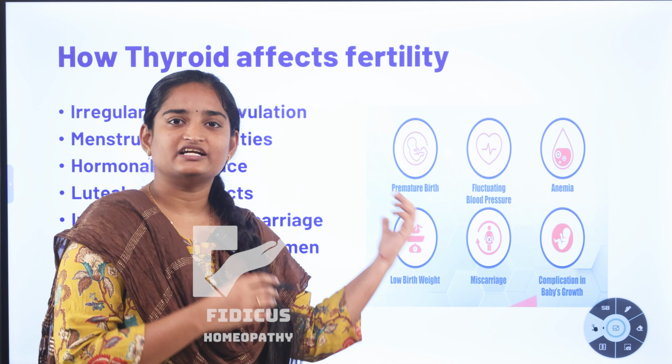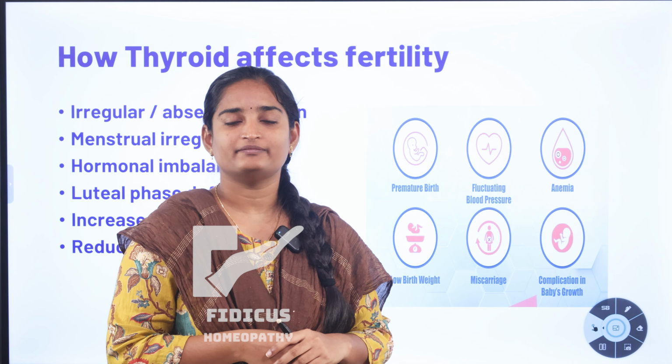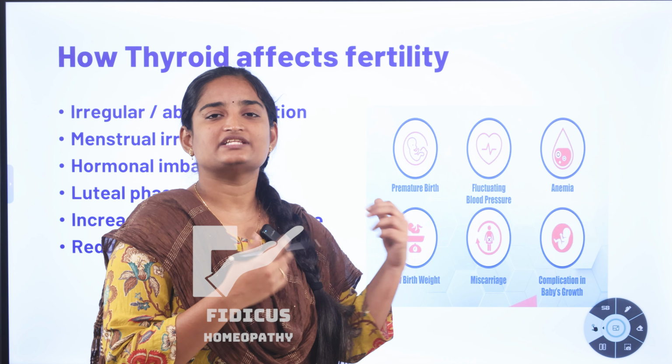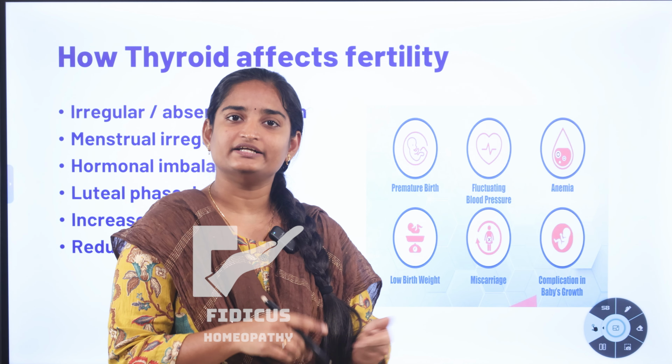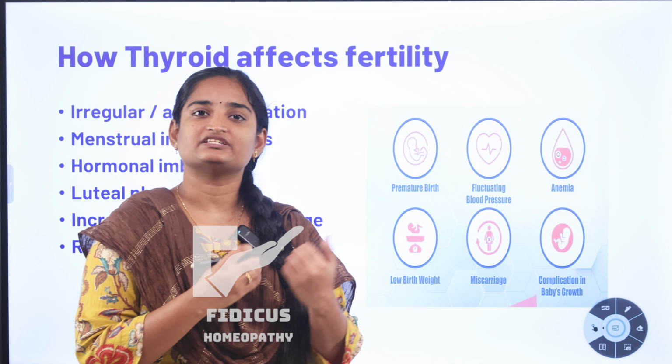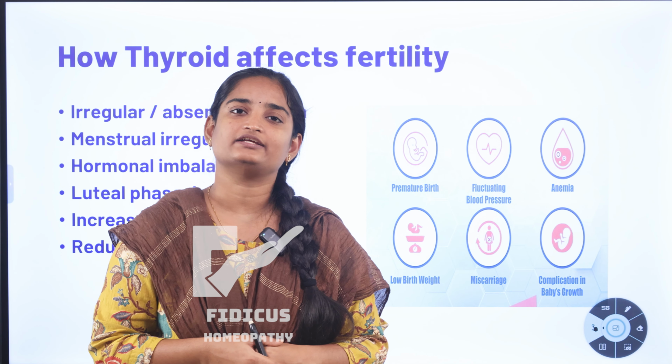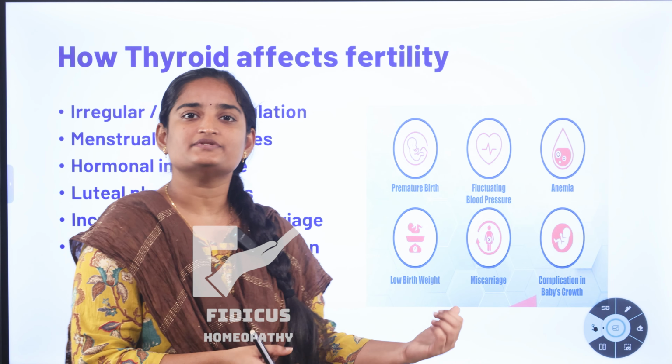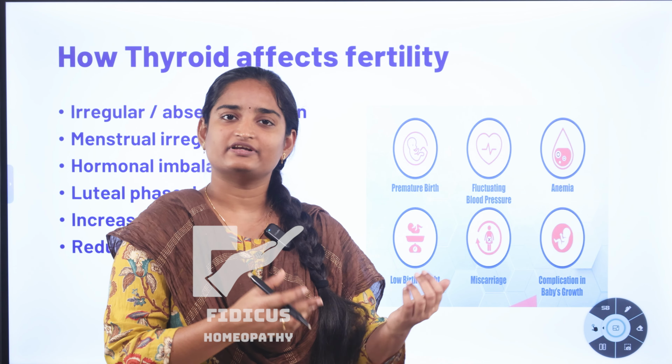Apart from this, thyroid dysfunction may also be seen in males. In males, it can affect the quality, motility, and quantity of sperm production. Thyroid dysfunction can affect not only females but also male fertility. So identifying these thyroid problems and treating them is essential in fertility workups.